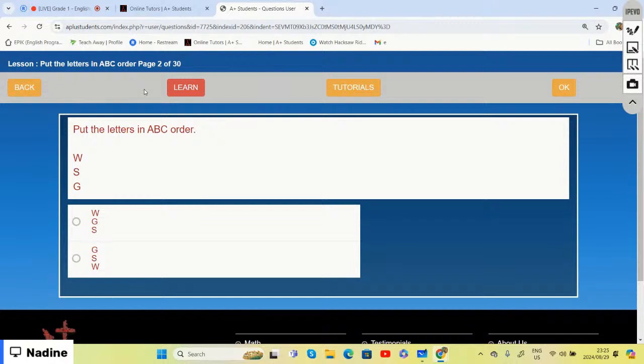Is it option 1, W, G, and S, or option 2, G, S, W? We need to put it in alphabetical order, A to Z. Which one is first, which one is second, and which one is last?